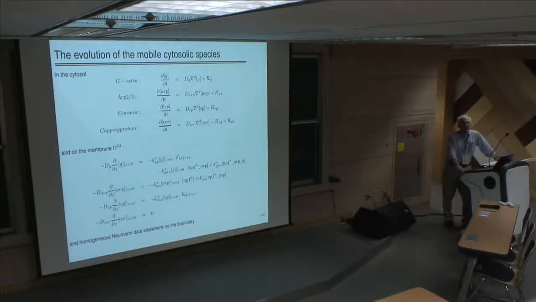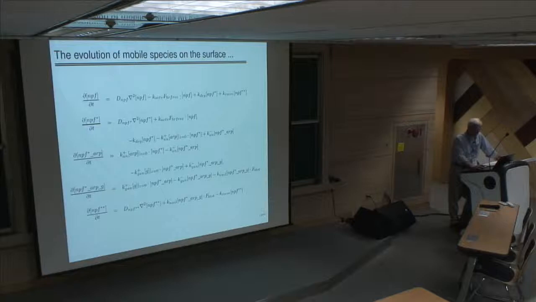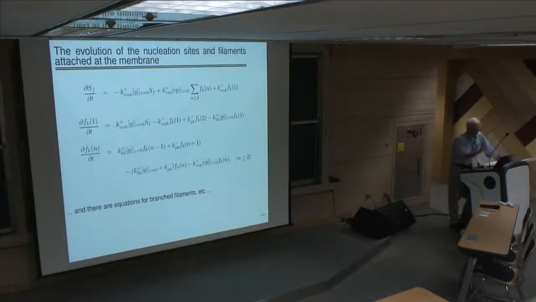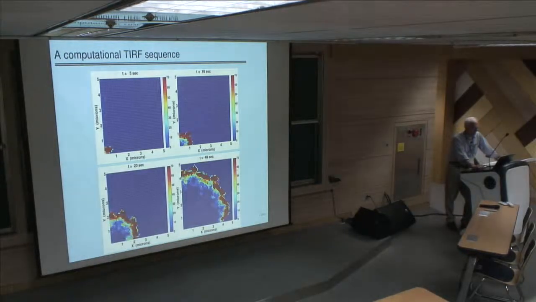If you've seen reaction diffusion equations before, then this is fairly standard in that context, except perhaps for the fact that there are fluxes to the boundary and reactions and transport itself on the boundary. But other than that, it's fairly standard. It's a big system of reaction diffusion equations. So what does it... Oh, sorry, here's one more on the nucleation, etc. So yes, there are a number of steps involved. So what does it lead to?